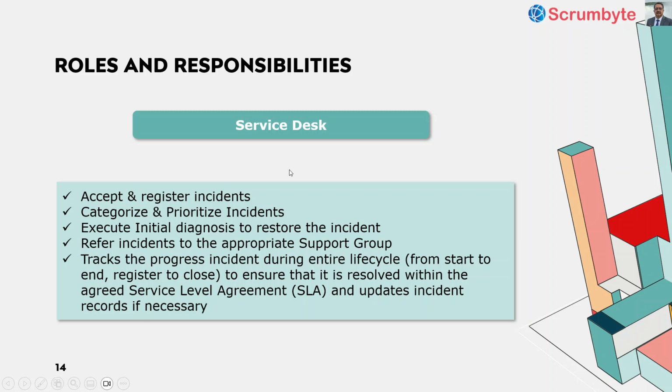The service desk is actually the frontline people who are dealing with the customer on a regular basis. They are the ones who pick up the call, who read emails, etc. And they are the ones who will actually register these incidents. So they have to make sure that every single incident they get is documented, categorized, and assigned some kind of priority.